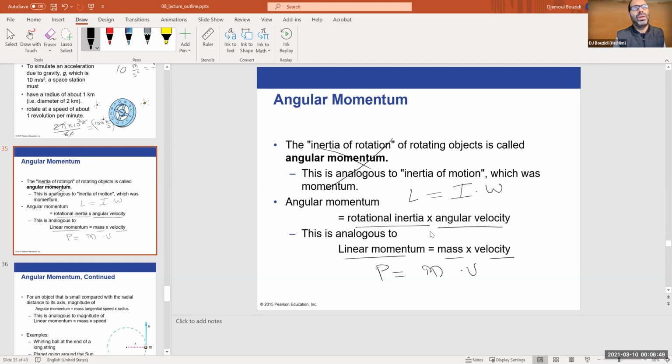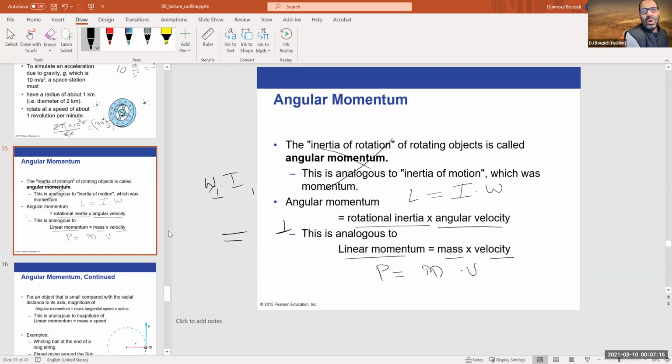Angular momentum has a lot of importance in terms of rotational motion, just as much as linear momentum has. So for example, the ballerina had an angular momentum before bringing her hands closer. She was moving with an omega 1 with her initial moment of inertia I1.